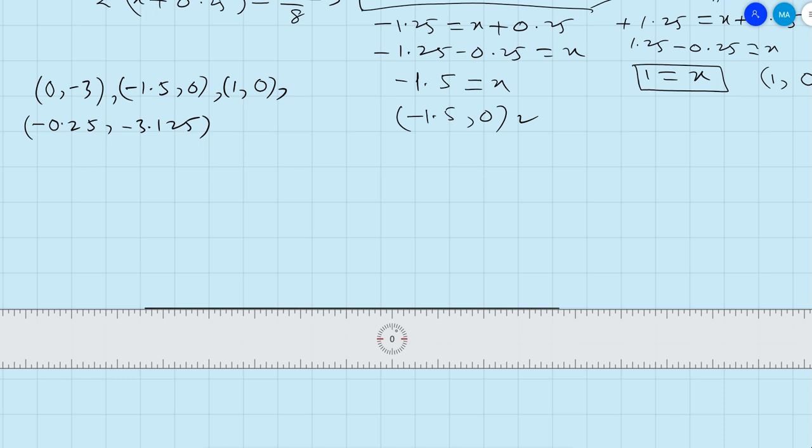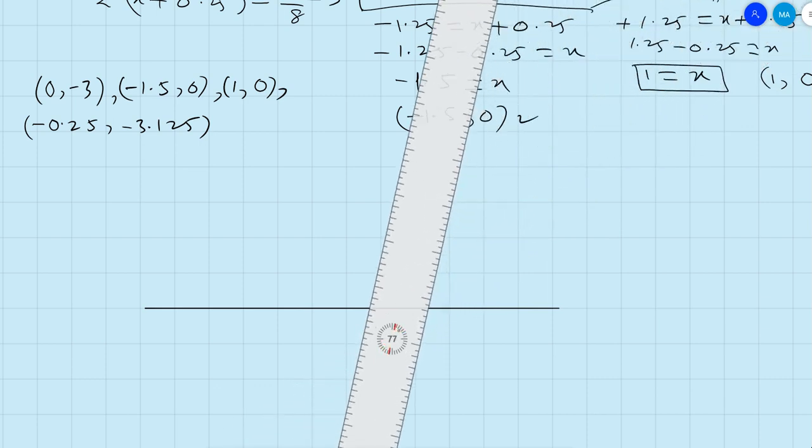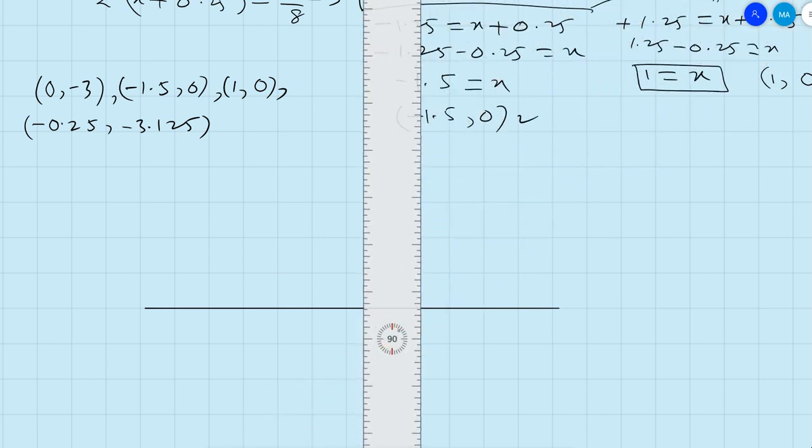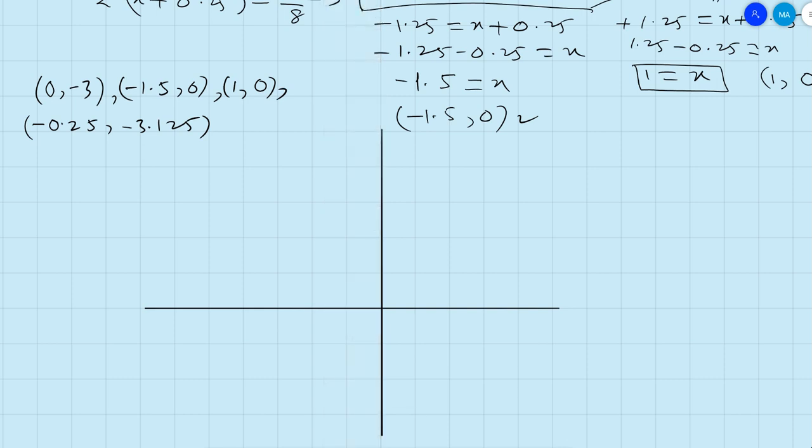This is the x-axis. This is the y-axis. This is positive x, this is negative x, this is positive y, and this is negative y, and this point is 0.